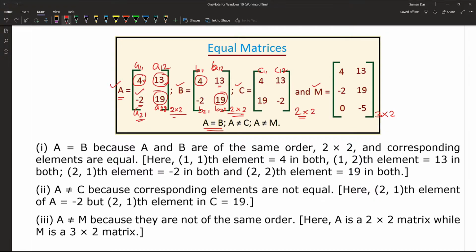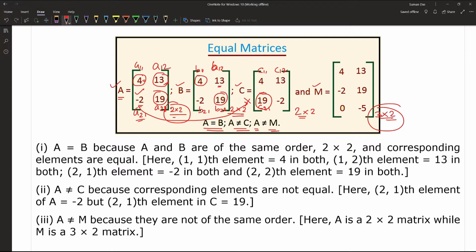A21 is equal to -2, but look here, C21 is 19. So that is not equal. The corresponding elements are not equal. So A is not equal to C, and as usual A must not be equal to M, because A has the order 2 cross 2 and M has the order 3 cross 2.